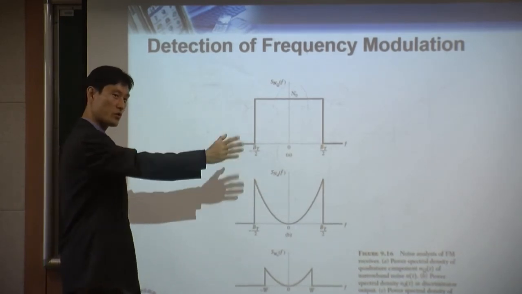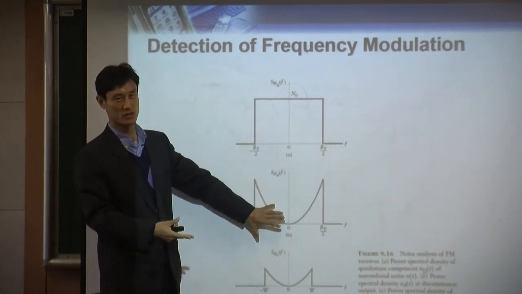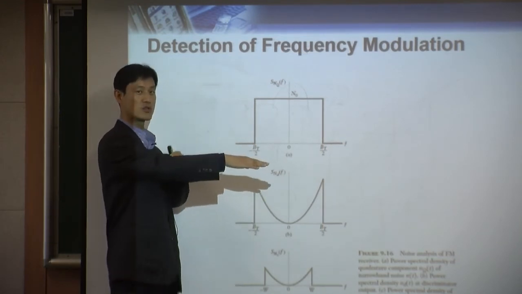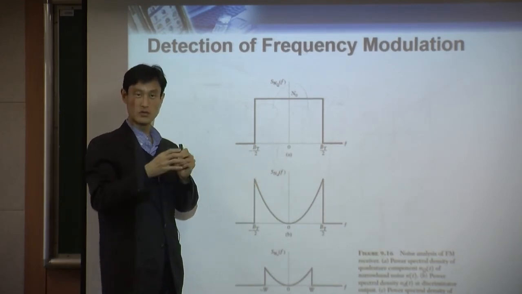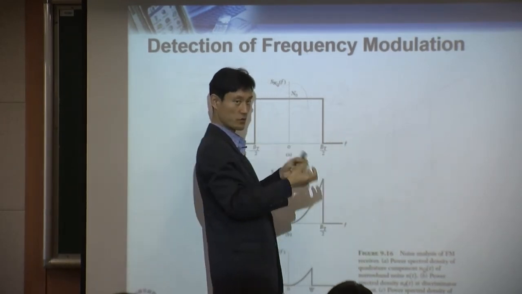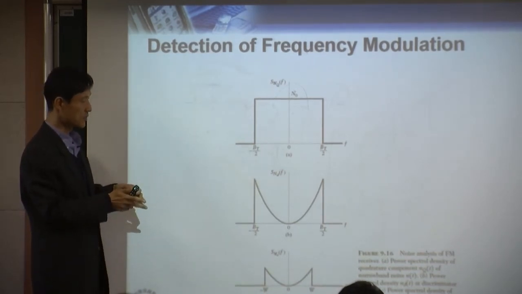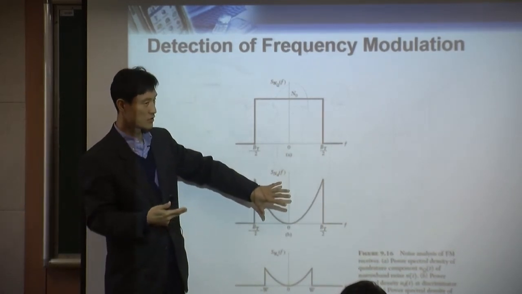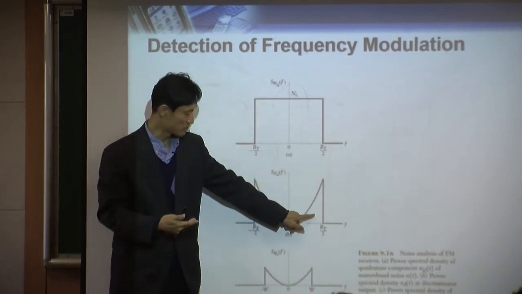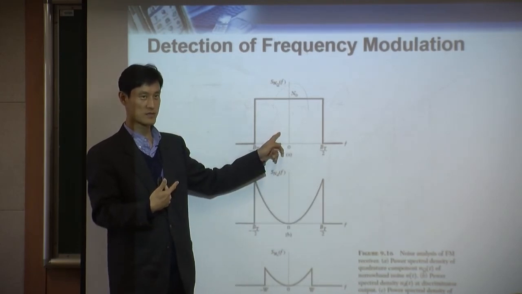Eventually, when you go all the way through the demodulation, this is the output of the demodulation. You already passed all of the FM demodulation steps to recover the signal, and you get this noise power spectral density. You know that noise power is much smaller in FM compared to the AM case.